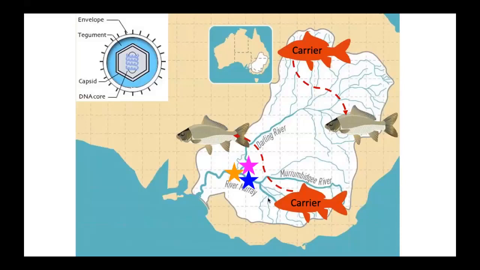Those new naive populations are going to be baby carp that are coming in from the marshes to join the adult carp in the river system or in the lake system. Or it could just be populations that were far removed and just haven't been exposed to the virus yet. I put these little stars in here because with any pathogen biocontrol strategy that's been tried in the past, there have always been other management strategies implemented at the same time.